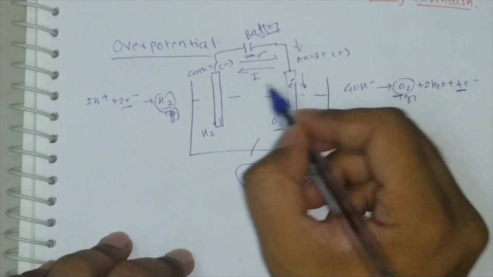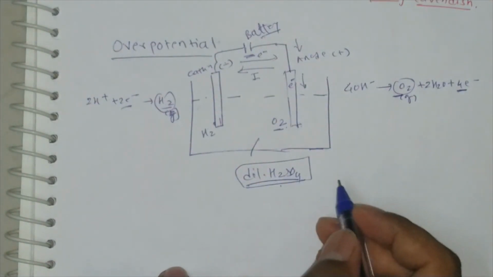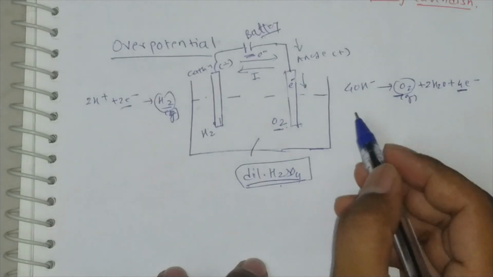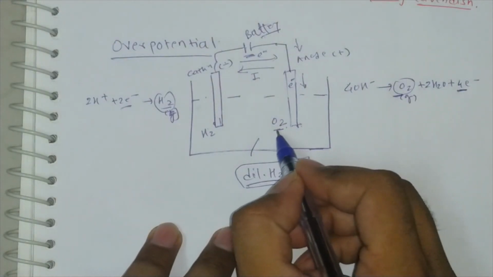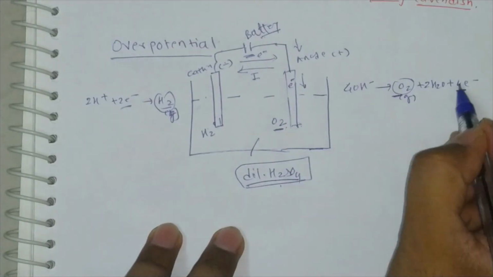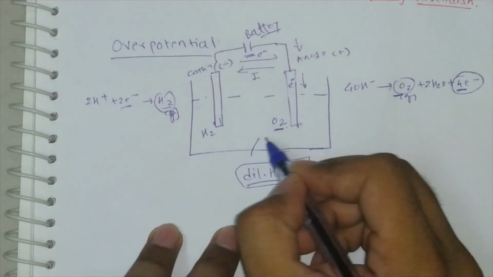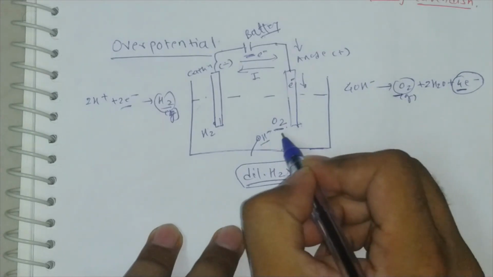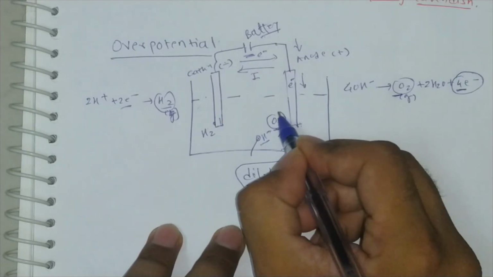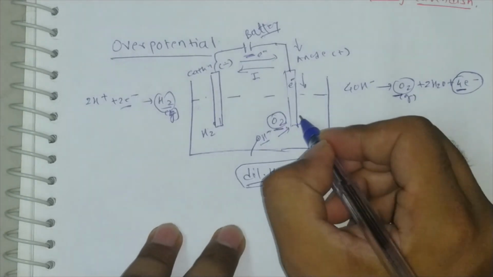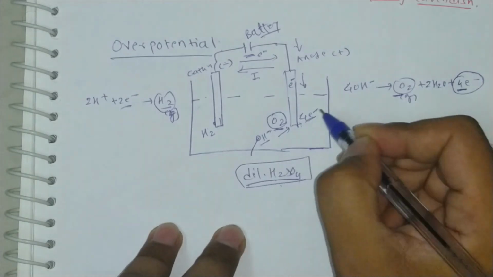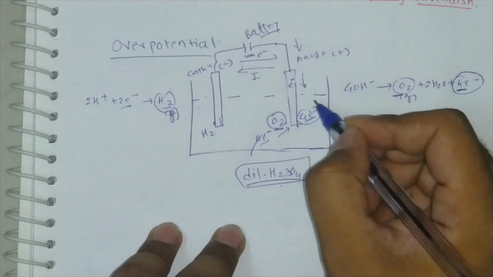Due to these electrons, current passes, correct? Current is nothing but the flow of electrons. Now when oxygen is formed, electrons are actually generated here. This OH minus ion from the solution comes here and is converted into oxygen molecule and releases 4 electrons. Here electrons are released.